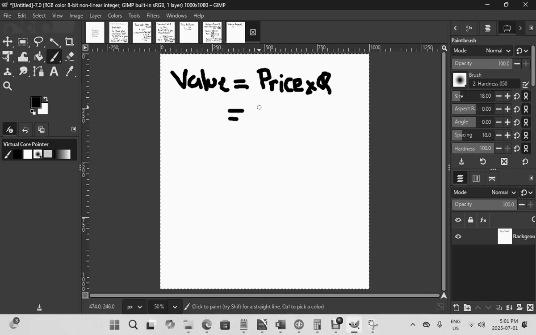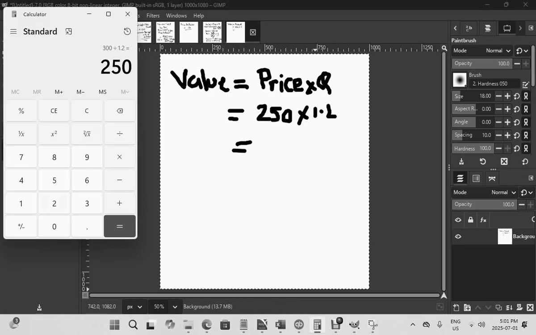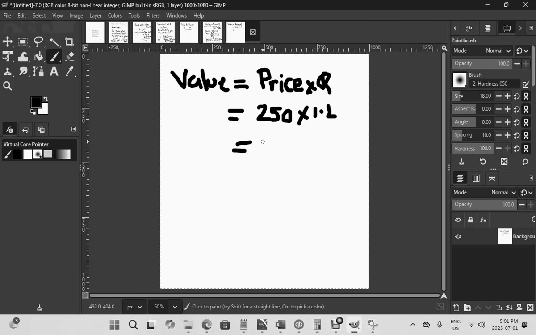So this will be, say for example, 250 times 1.2. This will be 300 altogether. All right, so this will be your value. This is the value of the product itself.